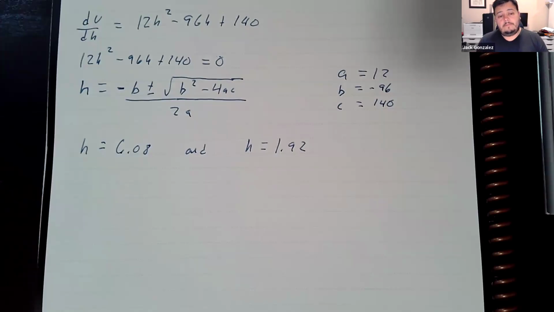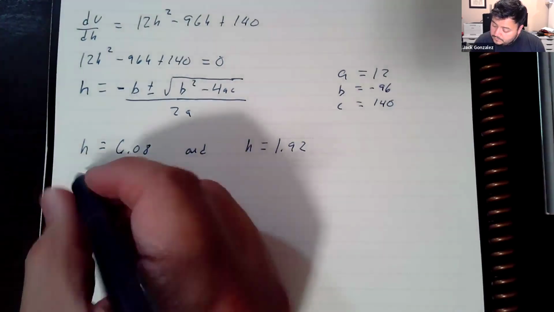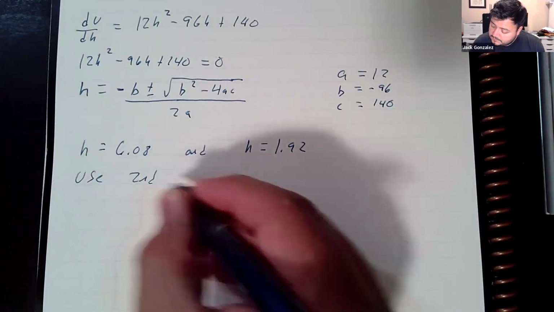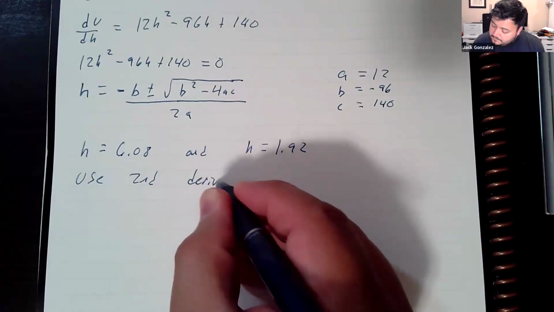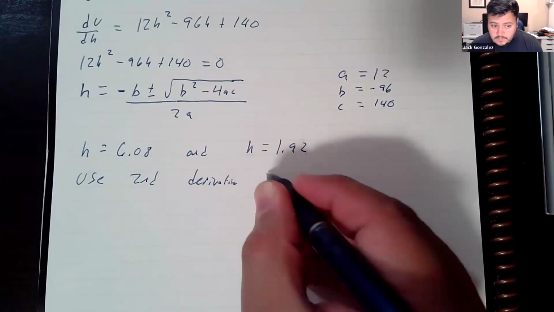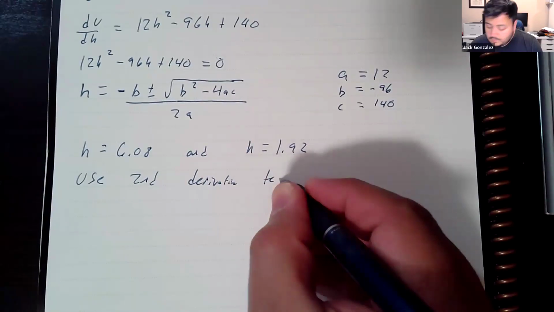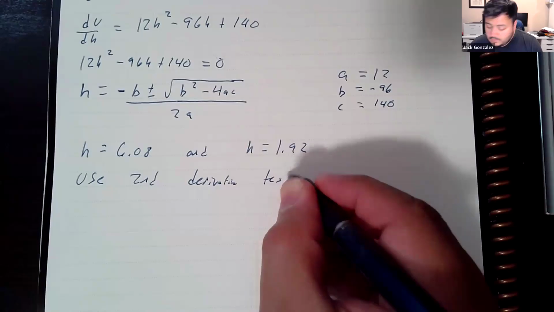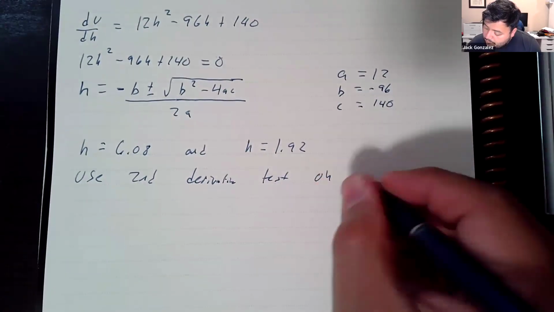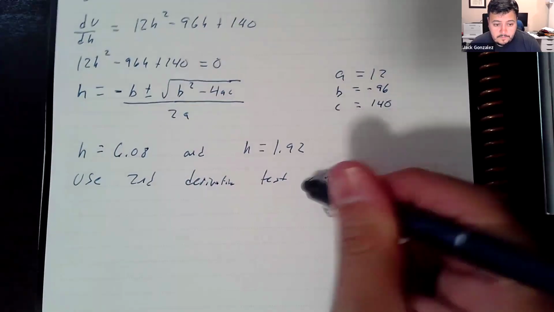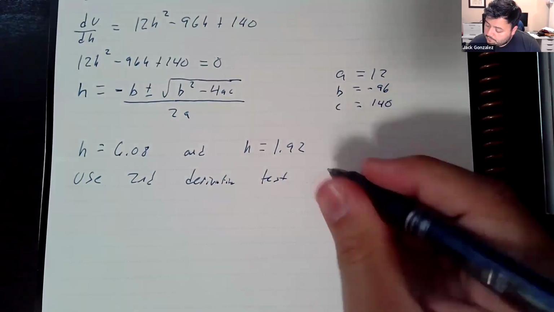All right. So the question becomes, which height will maximize the volume of the box? This time we have two critical numbers. We don't know which one works. So we'll use the second derivative test on both critical values of h.